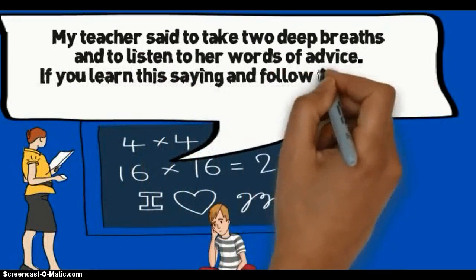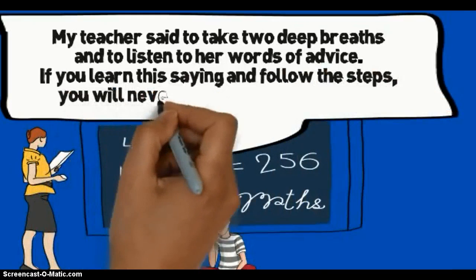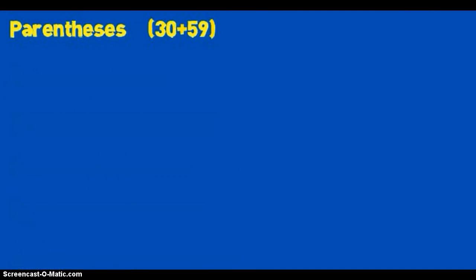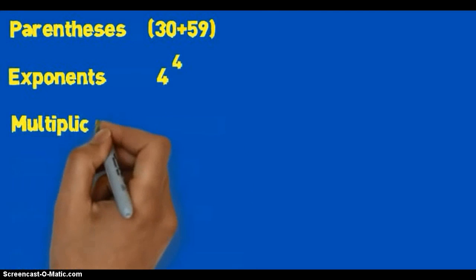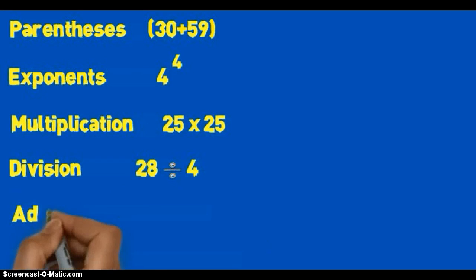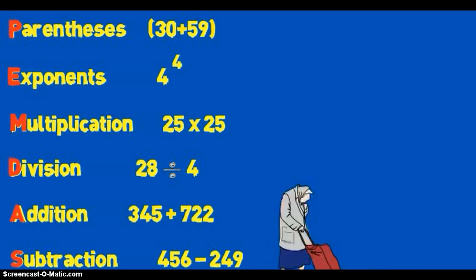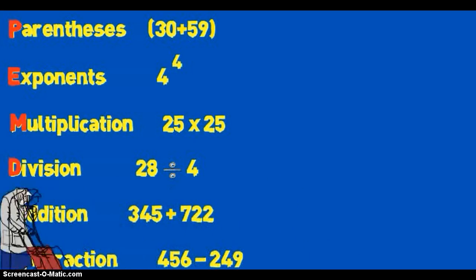If you learn this saying and follow the steps, you will never ever have to think twice. Please excuse my dear Aunt Sally, sometimes she gets a little confused. Please excuse my dear Aunt Sally, a mnemonic device you should use.